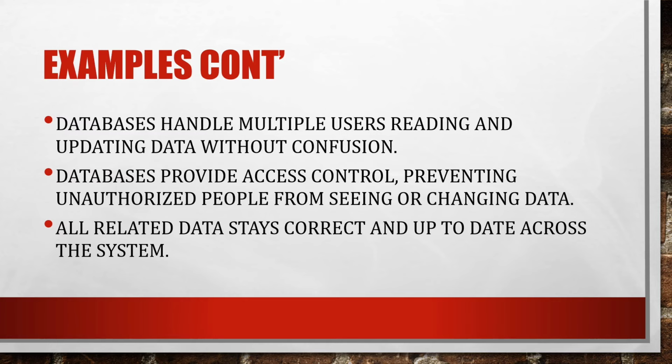So all related data stays correct and up to date across the system. It means when data are connected, together in the database, and tables have relationships, for example, when you change one thing, it affects the whole system, which is good.